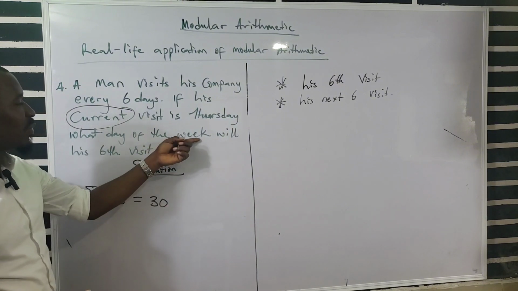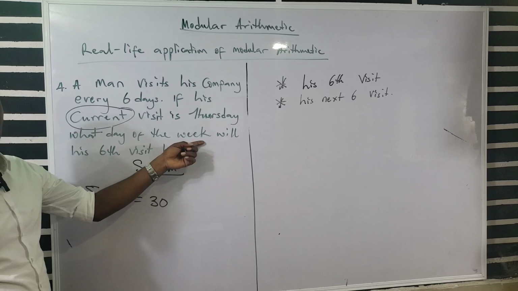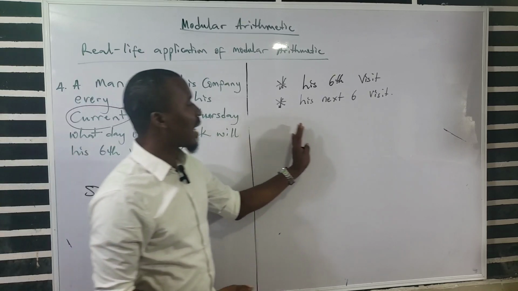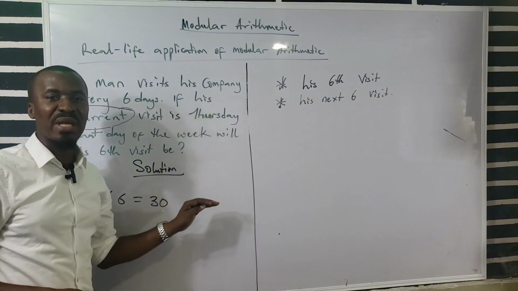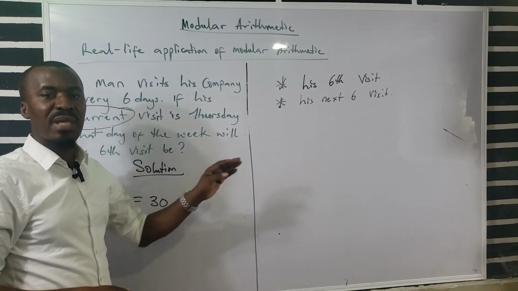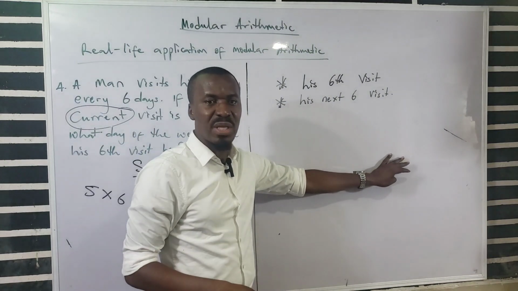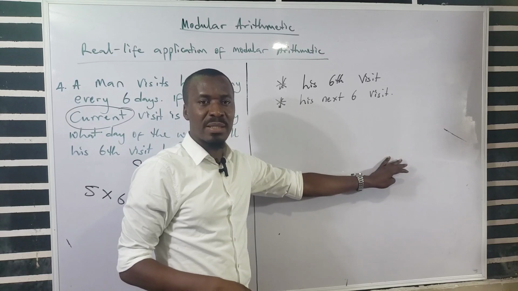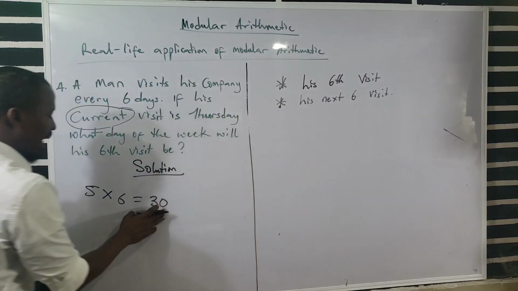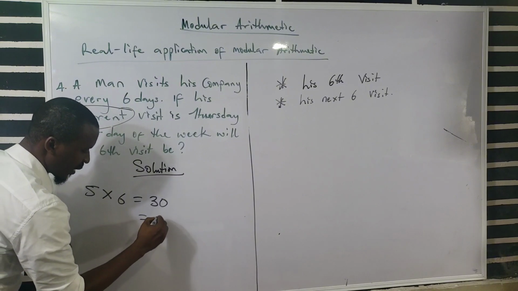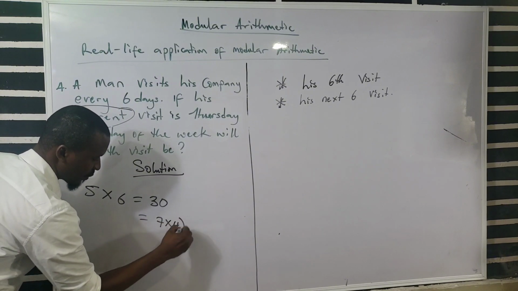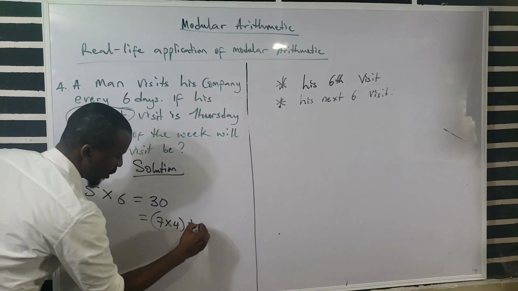Why? Because we are dealing with days of the week. So I'm not going to write Monday, Tuesday, Wednesday, Thursday. Let us just solve and see how we can use our value without describing the days in our answer. So 30 in modulo 7 will give us 7 times 4, which is 28, plus 2.